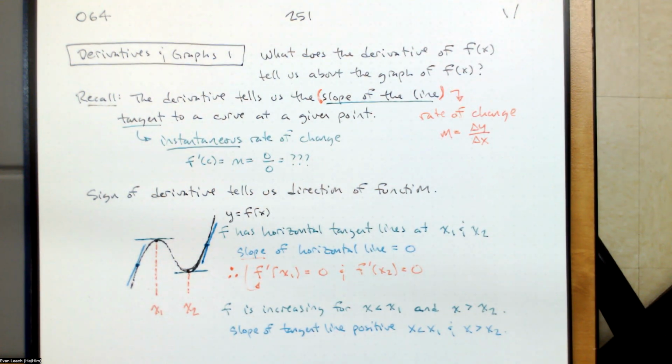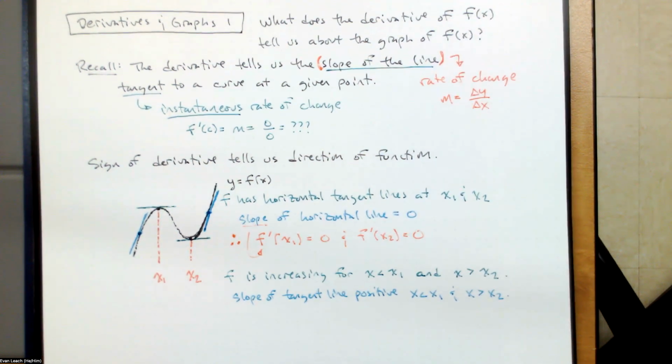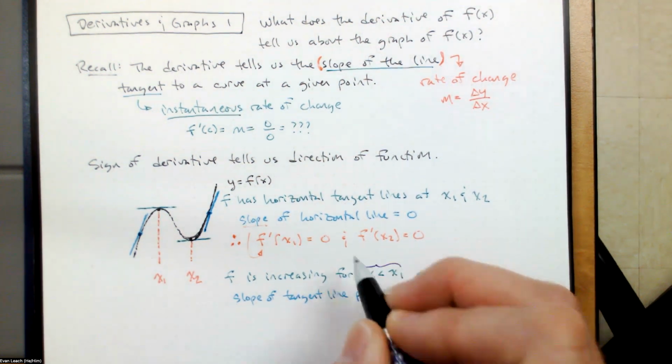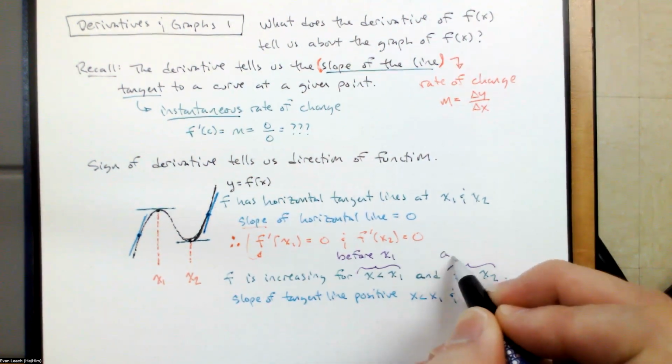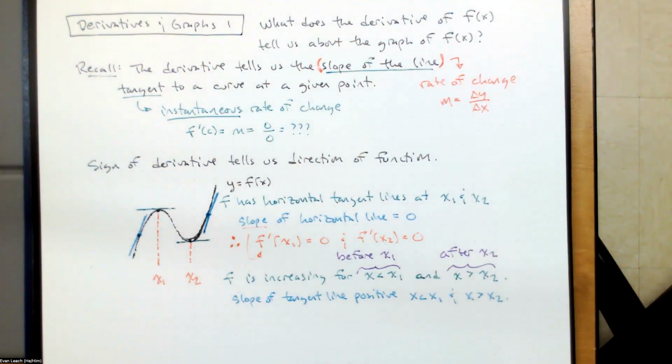Here's another way I might say that in speaking language: the slope of the tangent line is positive before x1 and after x2.